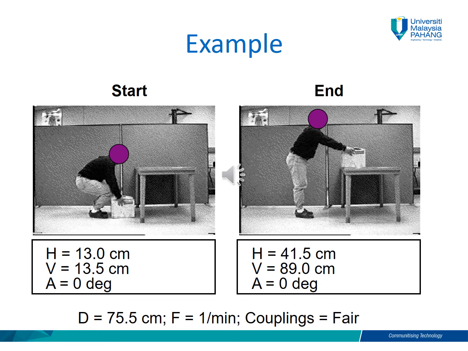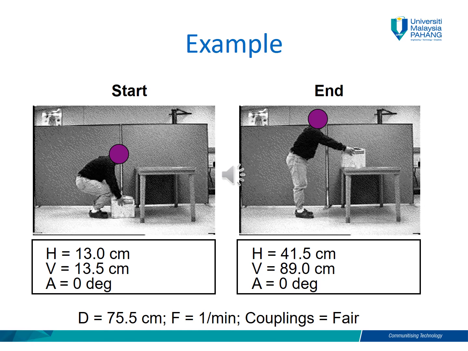This is an example of the application of the NIOSH lifting equation. Consider the left picture as the start of the activity and the right picture as the end of the activity. In the NIOSH lifting equation, we call the start the origin, and the end the destination.